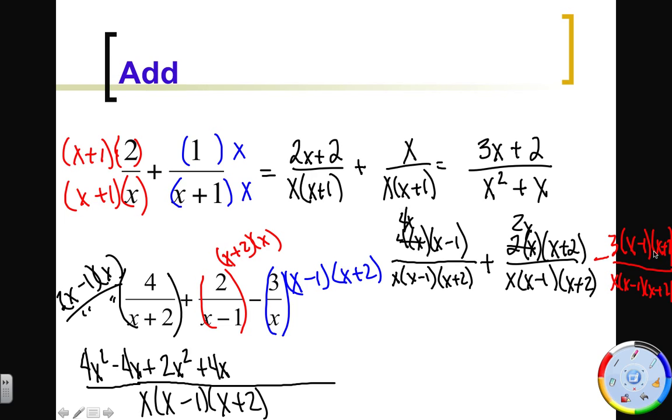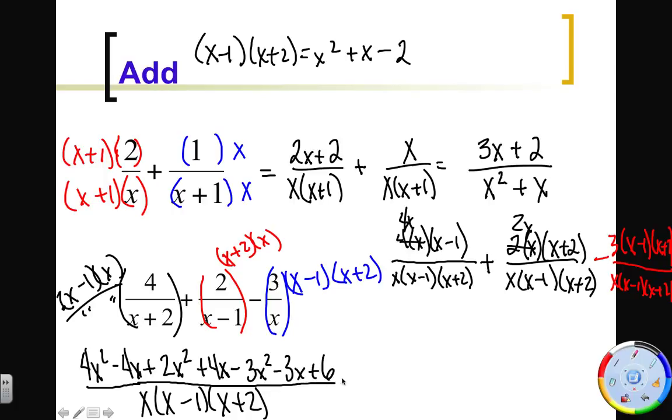And then here, we had to do a little bit of foiling. If you do some scratch work here, x minus 1 and x plus 2 is x squared plus x minus 2. And then I get to distribute a minus 3. So I get minus 3x squared minus 3x plus 6.